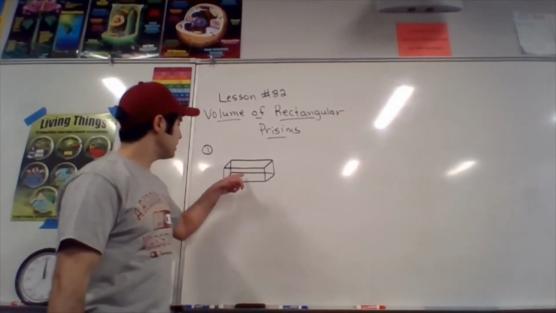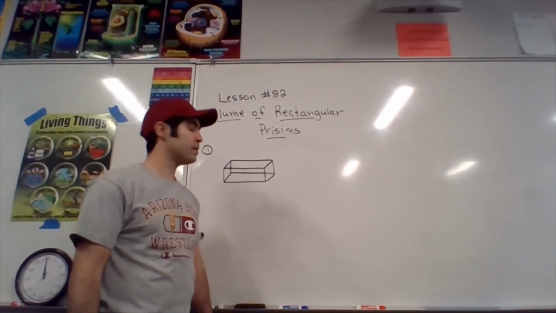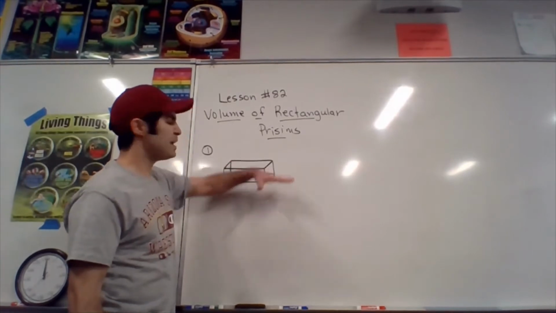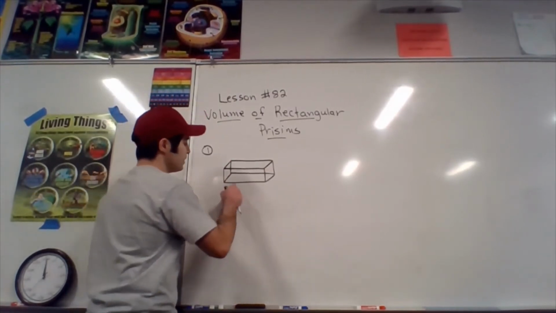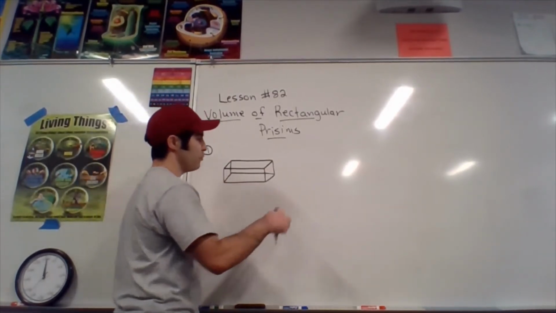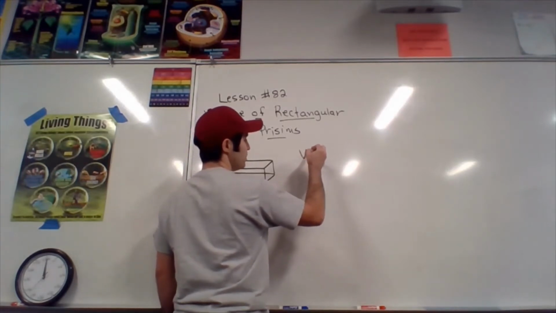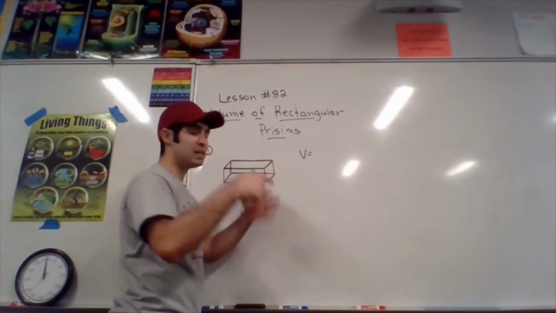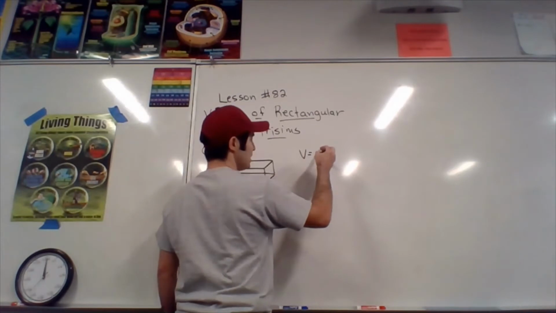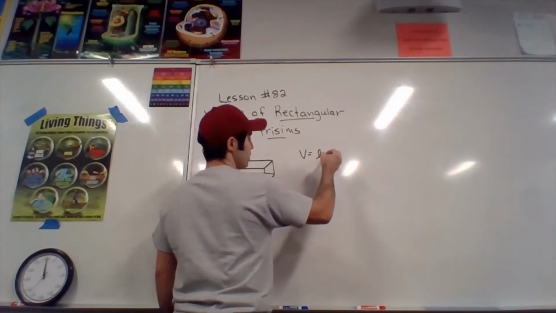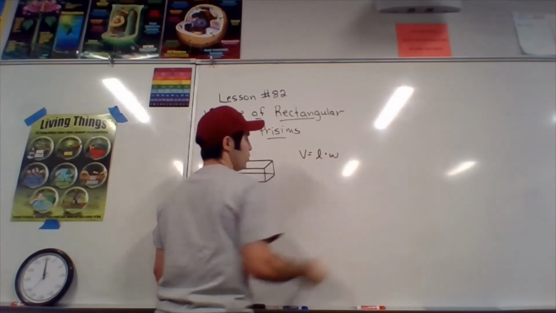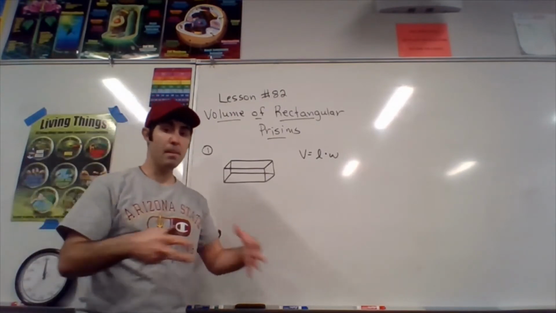All right, so let's take this rectangular prism right here, and we're going to find out how much space is inside of it. Okay, so there's a formula to find the volume, which is how much space, of any rectangular prism. So you do length times width, which is the base.